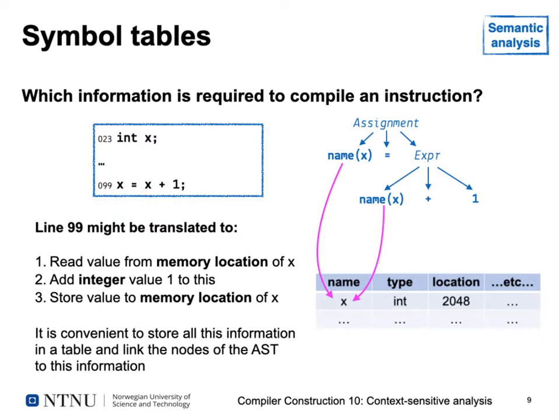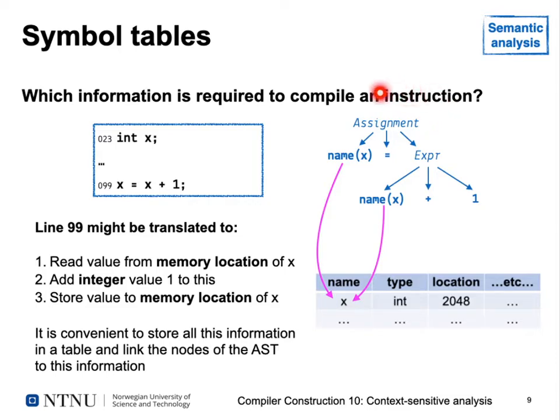And it's very convenient to store all this information in a table and then provide links inside of the AST. So essentially to provide meta information to a node of the AST, and these links then link to the specific information about this variable we're just trying to use here in our expression.